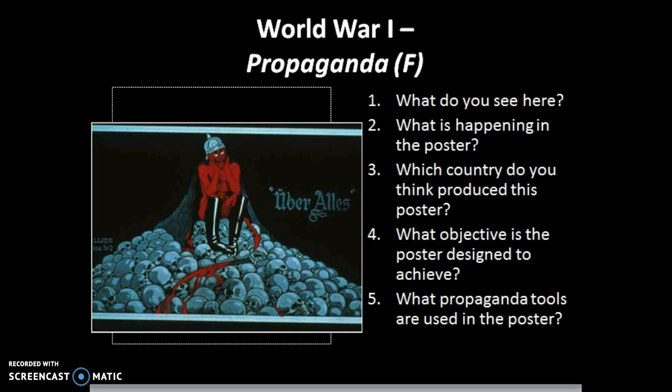This is actually, surprisingly, a United States propaganda poster. It shows the devil wearing a German helmet, and off to the right of the devil, or the German, is "Über alles," which means overall. And the devil is sitting on a pile of skulls. So the idea here is that the Germans are evil, and they're sitting upon the skulls of all those that have died in World War I. And their motto is overall.